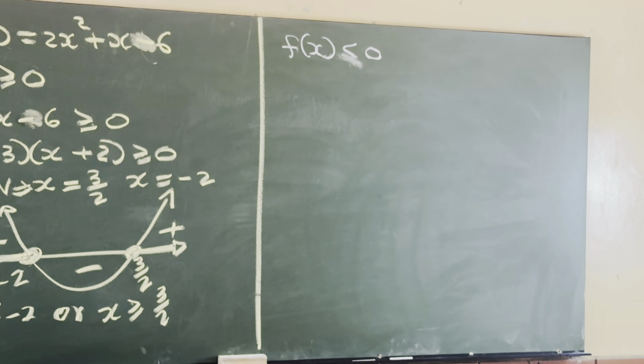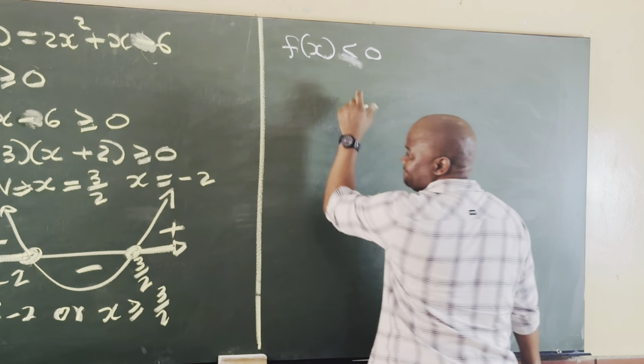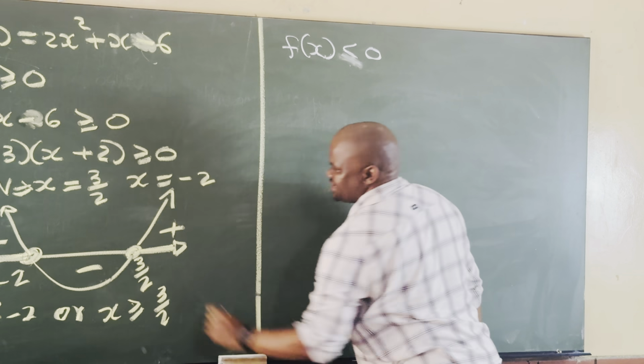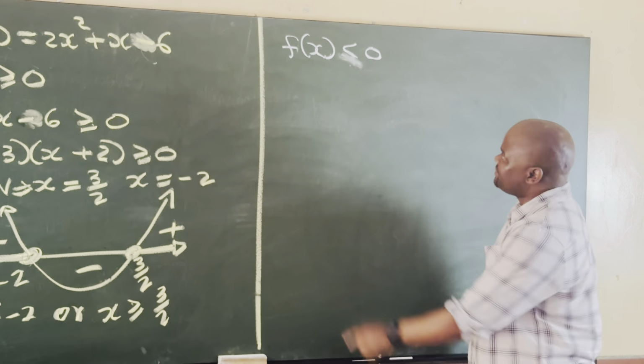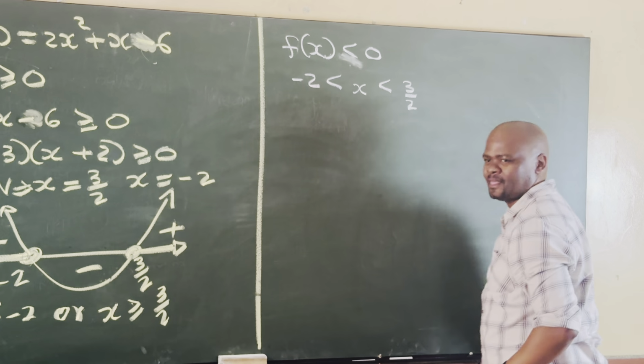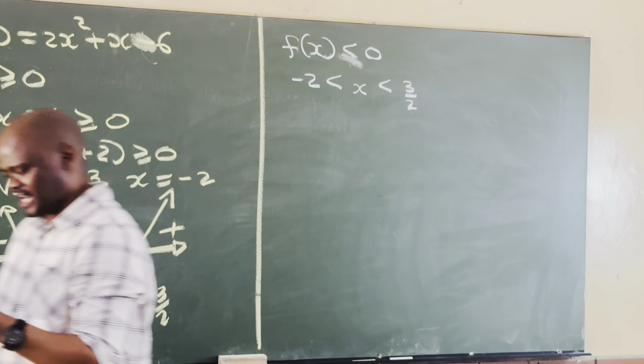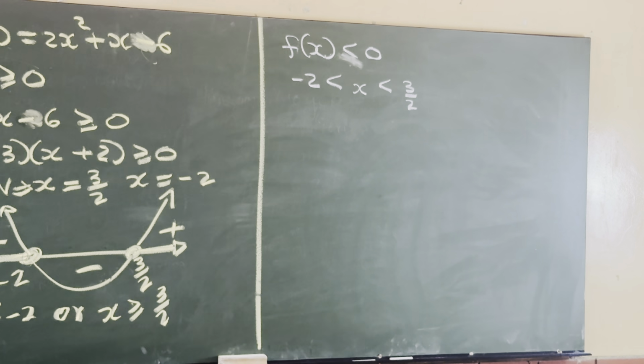No. Which means this one has its own solutions. If we were to use this, what will be the solutions? Where our function is less than 0, x will be greater than negative 2, but less than 3 over 2. But we haven't answered the question yet, because the question says, determine the sum of all integers satisfying this condition.